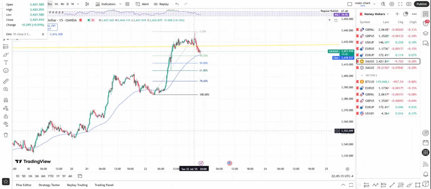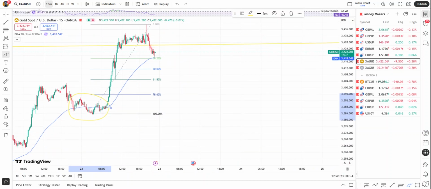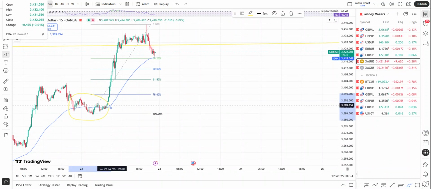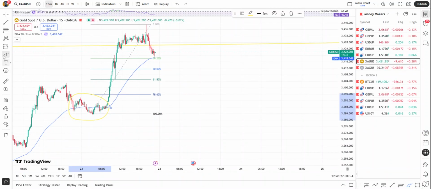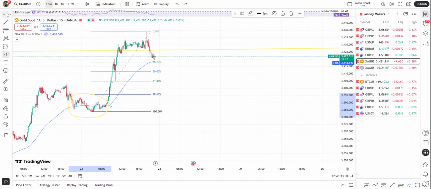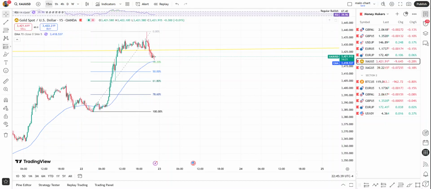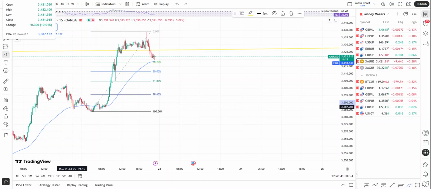So I'm looking for something like a reversal pattern, like what we saw here on the EMA. If you don't know, that is a head and shoulders pattern, a reverse head and shoulders. Notice how it's kind of like a little bit of a pyramid. Shoulder, head, shoulder.